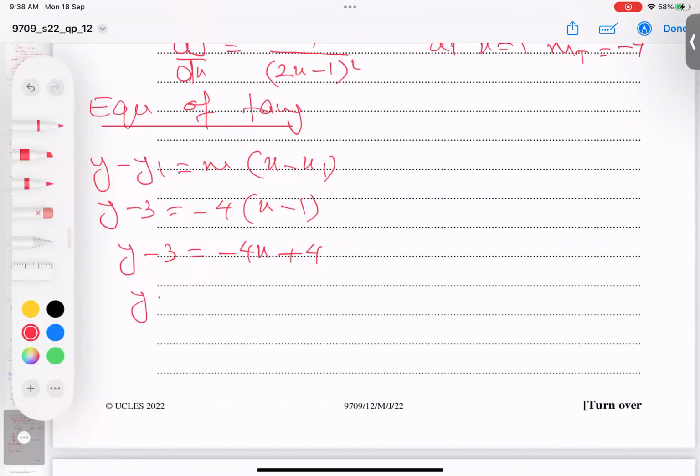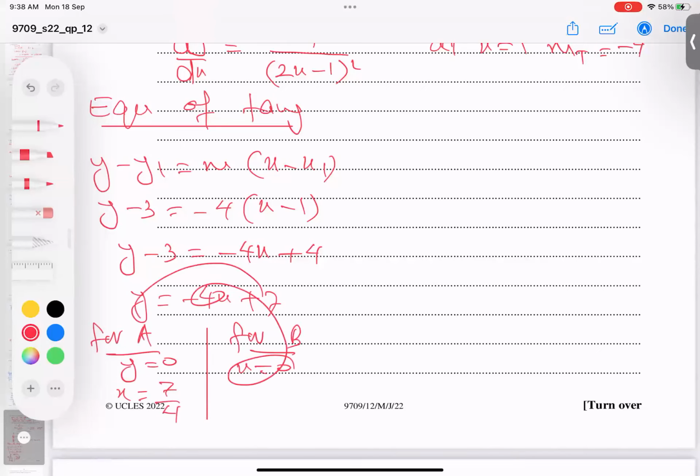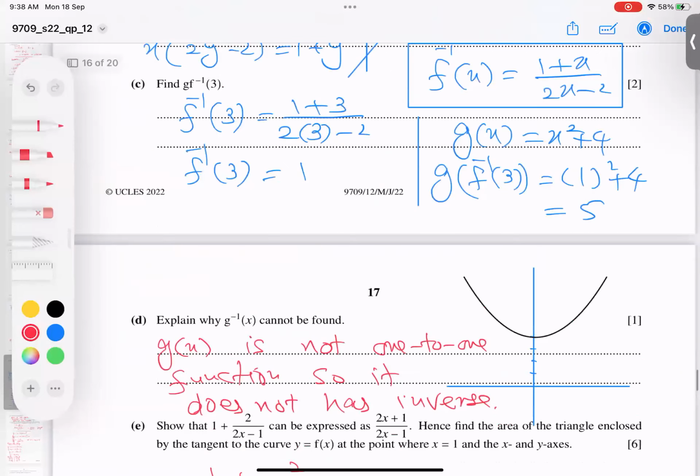So y equals negative 4x plus 7; for A, y0, I keep it, so 4x goes there, and dividing 7 by 4, x becomes 7 over 4. For B, when I plug in x equals 0, y becomes 7. A very clear approach.